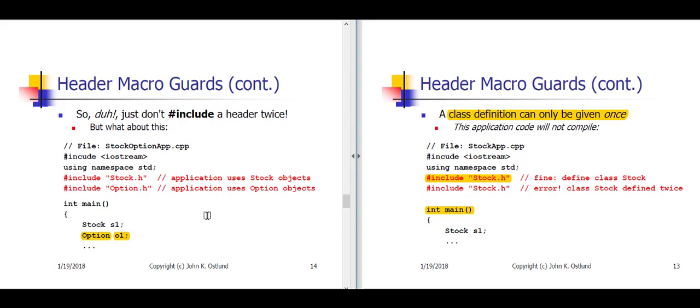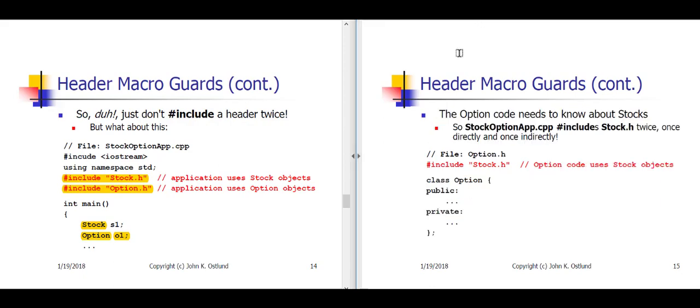It should be clear that the Option class is going to have to know about the Stock class in order for the Option class to be able to describe and compute option prices on stocks. Now, as the application programmer, we know that we're using Stock objects in our application, so that means to us that we have to include our stock header, but we're also using Option objects in our application, so we have to use the option header as well.